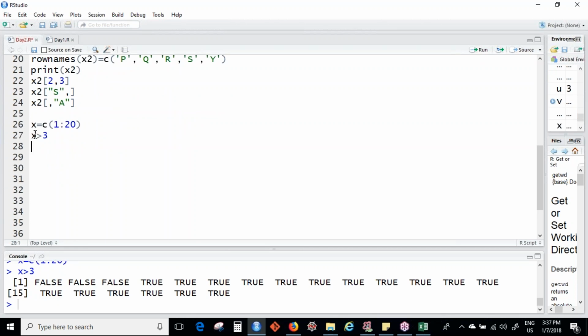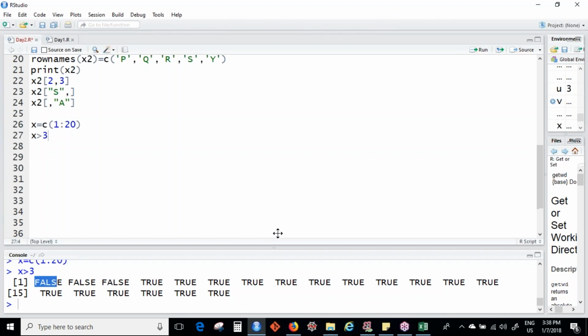This will give you a boolean vector. The output of x greater than 3 will be a boolean vector. What will that give you? That will give you a series of true false for all the values of x. So what is the first value of x? The first value of x is 1. So is 1 greater than 3? False. That is why you see a false here. Okay. The second value of x is 2.